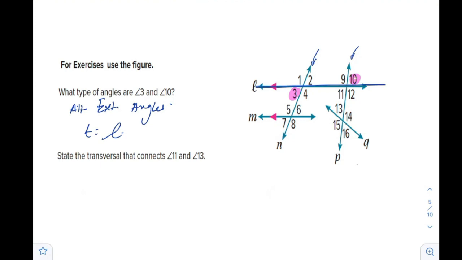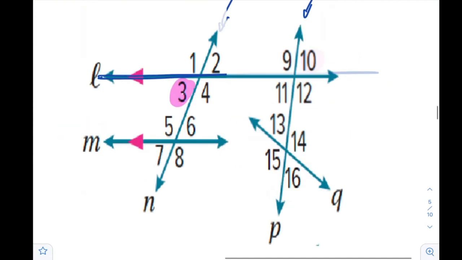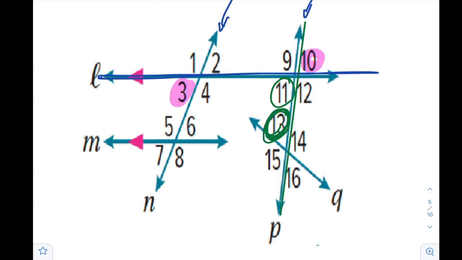State the transversal that connects angle 11 and angle 13. Let's change the color to check 11 and 13. This is 11 and this is 13. Both are lying on this transversal, which is P. And this P is cutting this line L and line Q. Both angles are lying inside, in the interior way and on the same side.